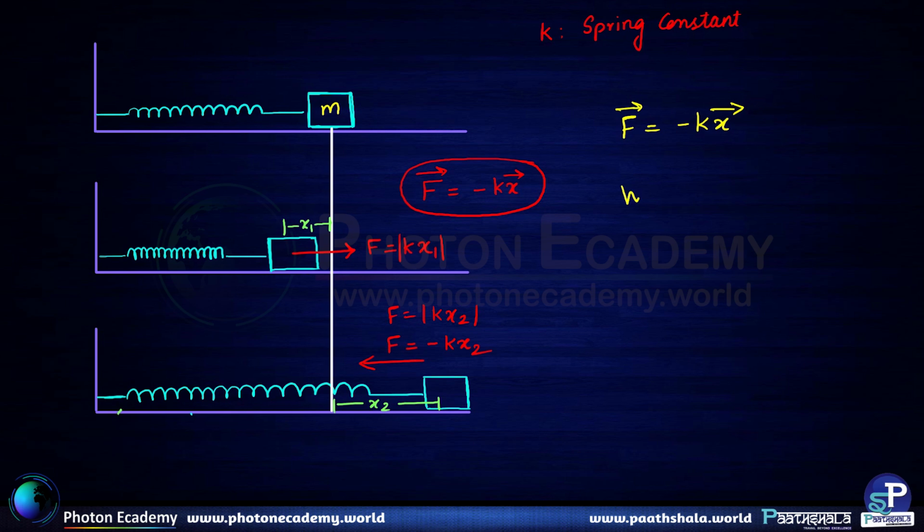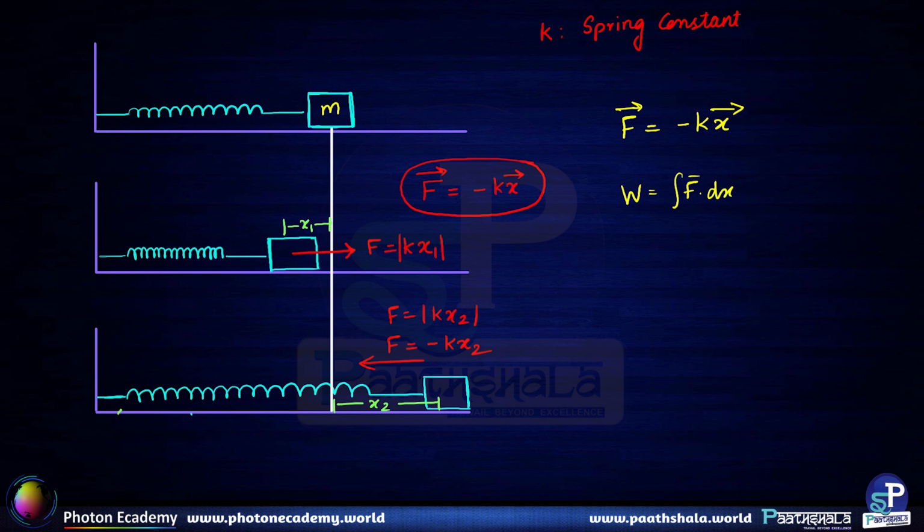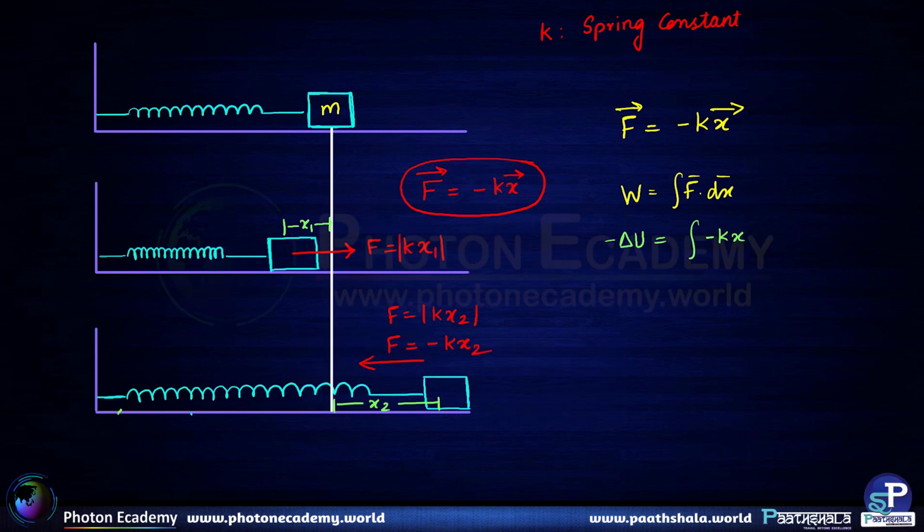So work done by any force is defined as the integration of F dot dx. Since this is a conservative force, this work done could be written as negative of the change in potential energy of the spring. So this is the integration of F, which is minus kx, dx.